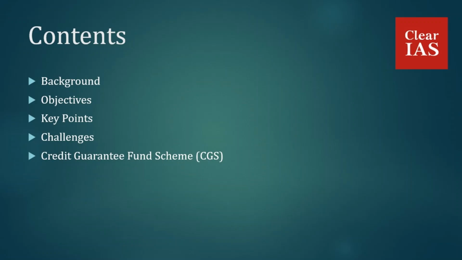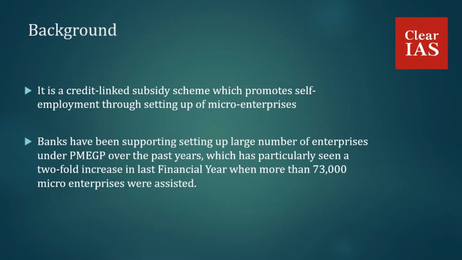Let's now start. The Prime Minister Employment Generation Program is a credit-linked subsidy scheme which promotes self-employment through setting up of micro enterprises, where subsidy up to 35% is provided by the government through the Ministry of MSME for loans up to rupees 25 lakhs in manufacturing and rupees 10 lakhs in the service sector.